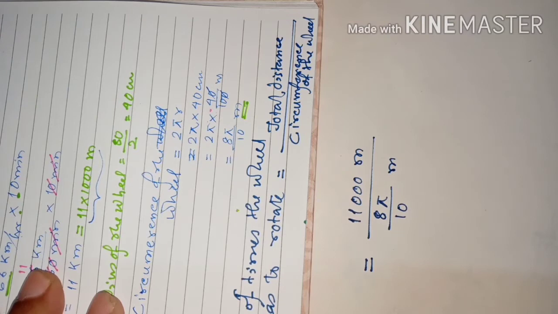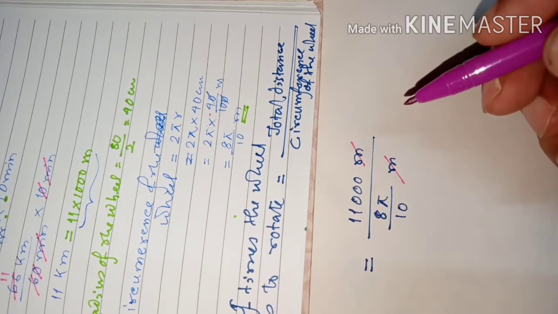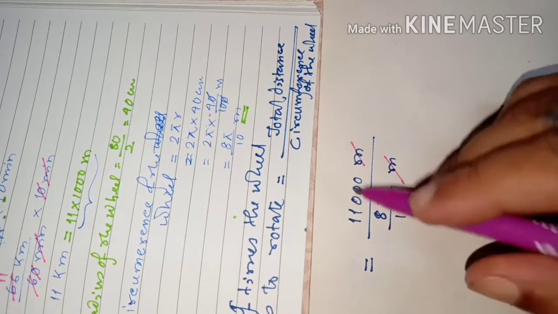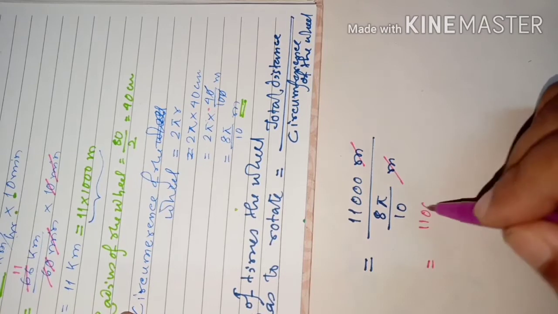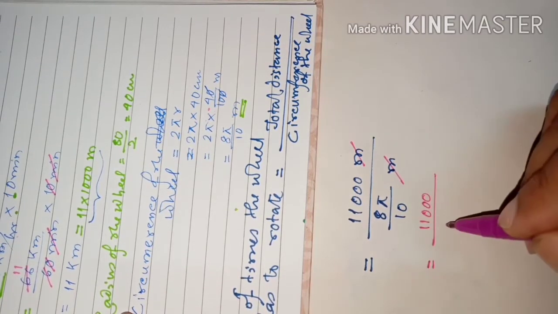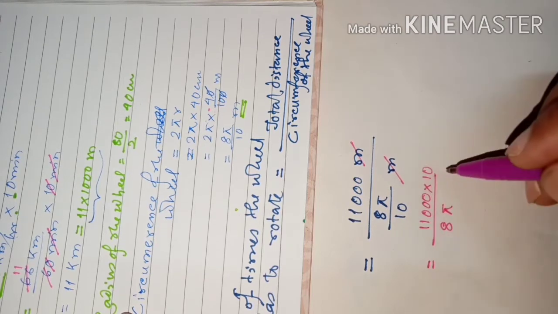Okay, so meter cancels with meter. Then this 10 will go up, so it will be 11,000 by 8 pi, 10 will come here into 10.